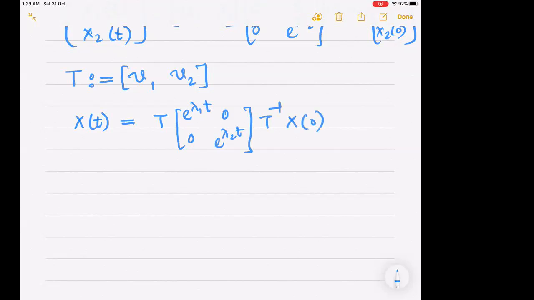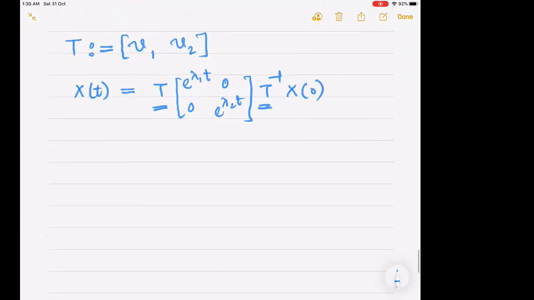This is the solution. So, all important matrix T, T inverse. Well, geometrically, what does this mean?